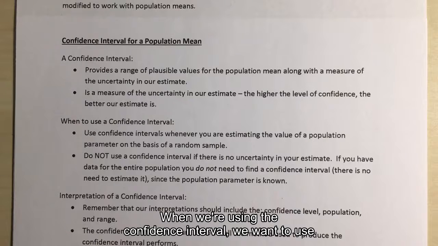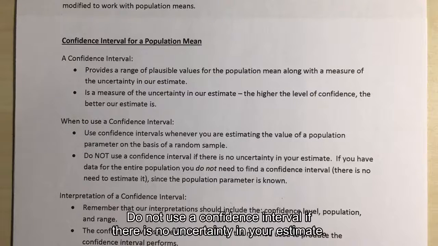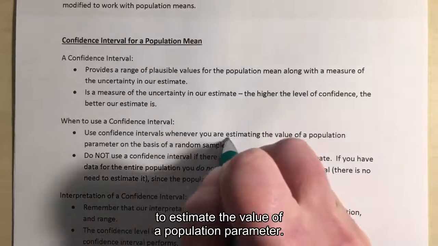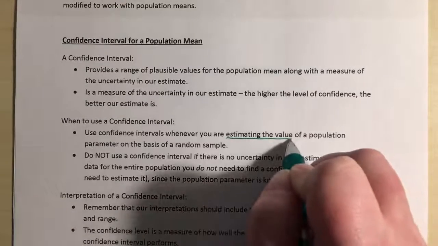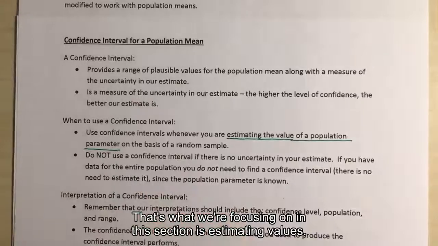When we're using a confidence interval, we want to use it when we are estimating our values. Do not use a confidence interval if there's no uncertainty in your estimate. So again, the idea is that confidence intervals are used to estimate the value of a population parameter. So that's what we're focusing on in this section, estimating values.